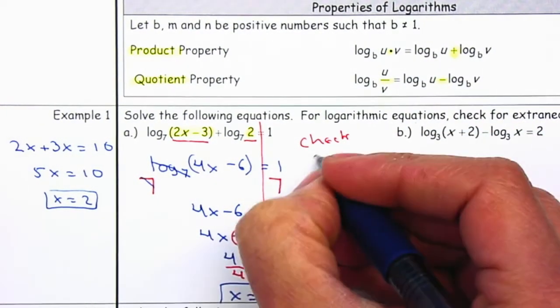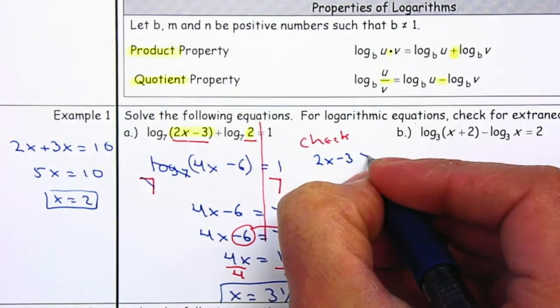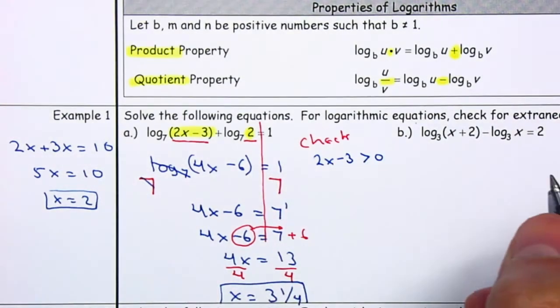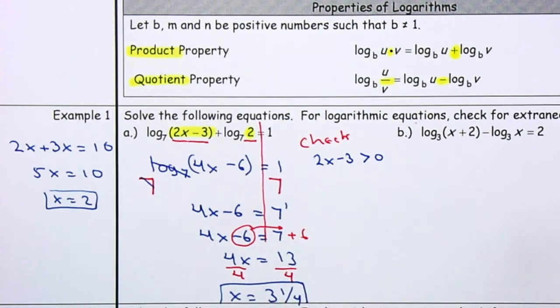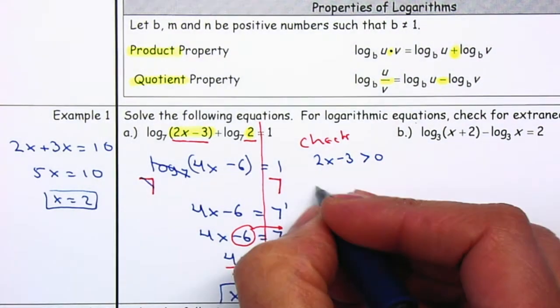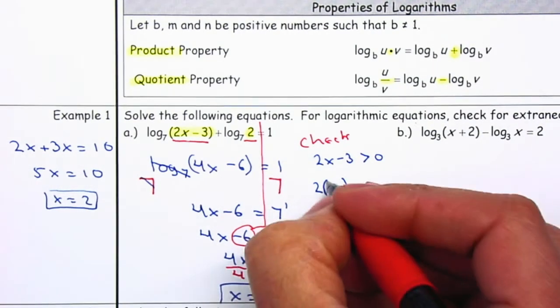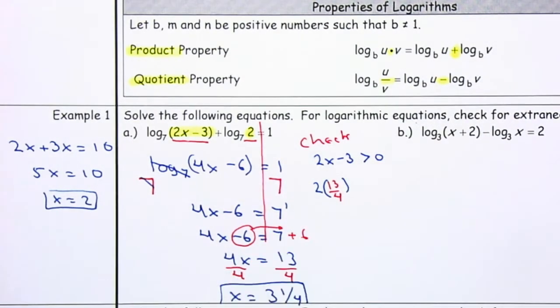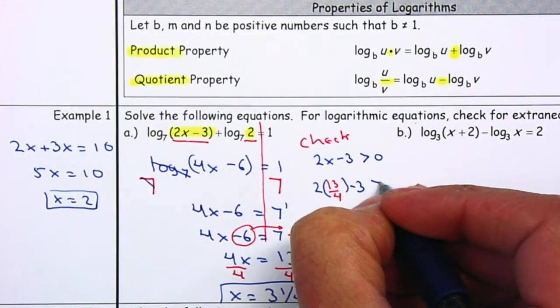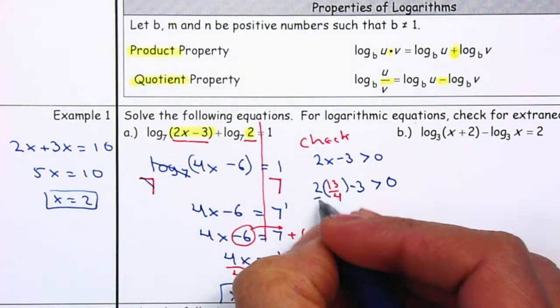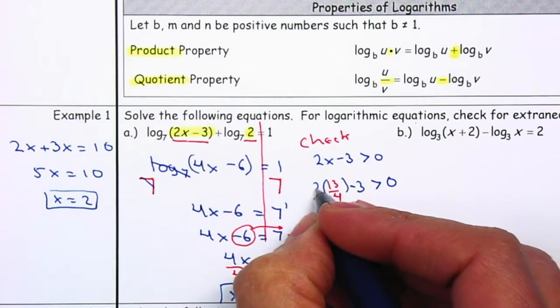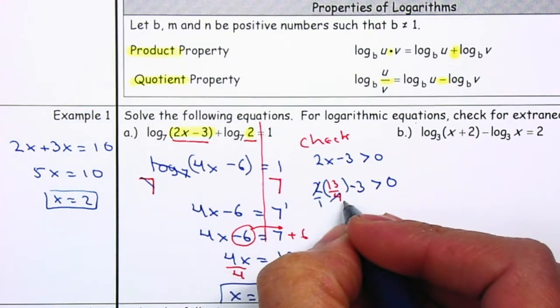We want to make sure that 2x minus 3 has to be greater than 0. So let's plug in the value of x. I'm going to plug in the 13 over 4. So 2 times 13 over 4 minus 3 is greater than 0. Place the 2 over 1. Let's cross simplify first.